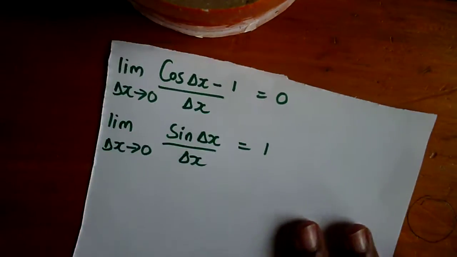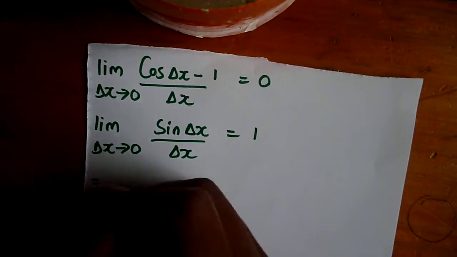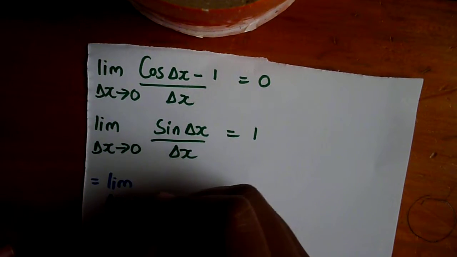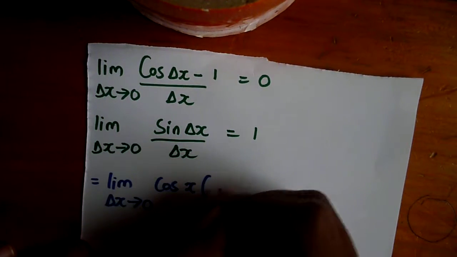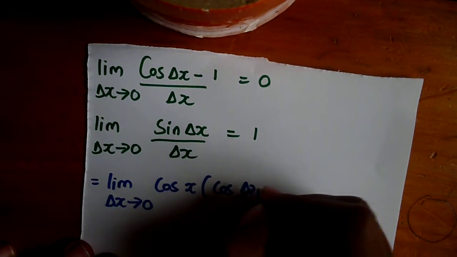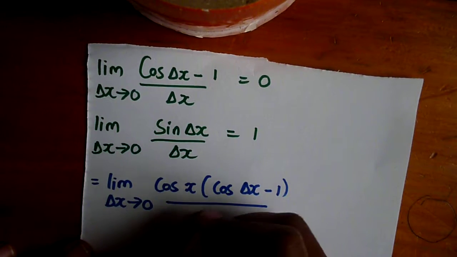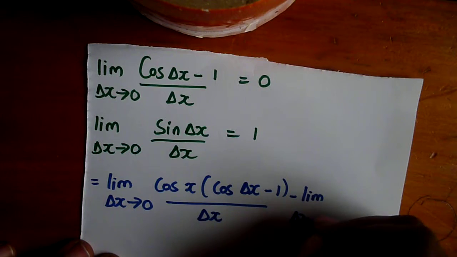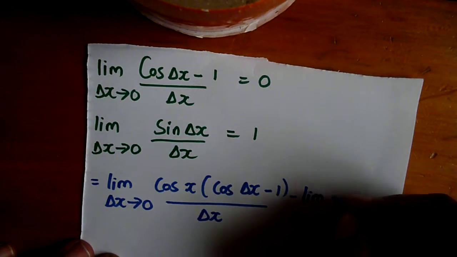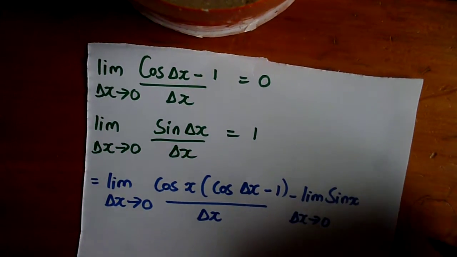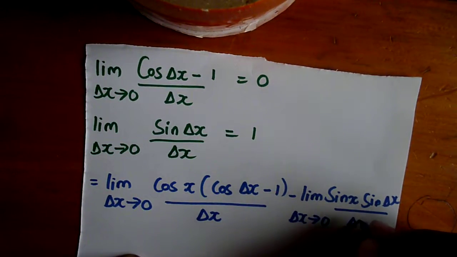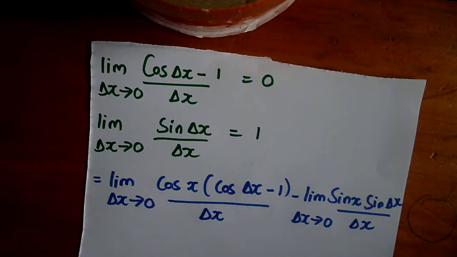So doing all that, we're going to obtain the limit as change in x tends to 0 of cos x times cos change in x minus 1 all over change in x, minus the limit as change in x tends to 0 of sine x sine change in x all over change in x. Voila. And we've just applied what we thought about.